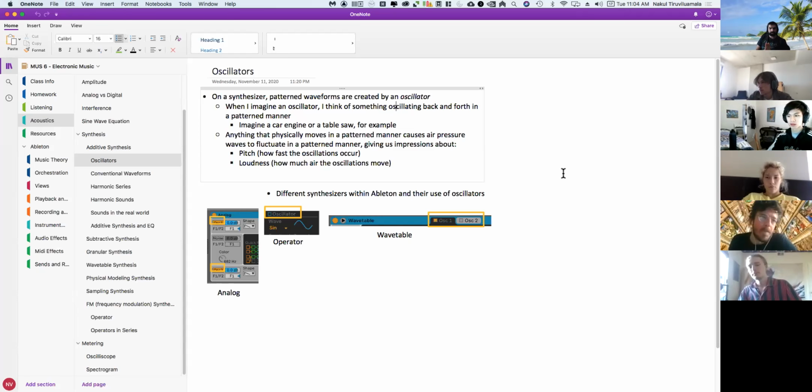As you press down on the gas, you increase the RPM, the revolutions per minute, which is related to the cycles per second, a measurement of frequency. So as you push down on the gas, you hear the car engine increase in frequency, right? You hear the pitch get higher.